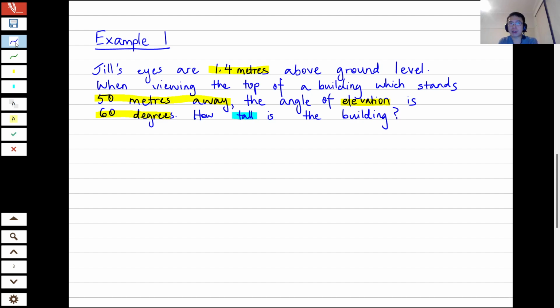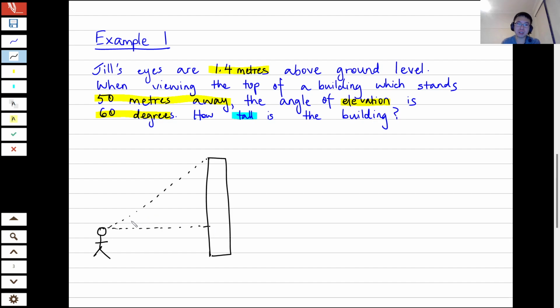When you are solving an elevation or depression problem, the first thing you want to do is to draw a diagram. So let's do that. We've got a person viewing the top of a building, and the angle of elevation is 60 degrees.